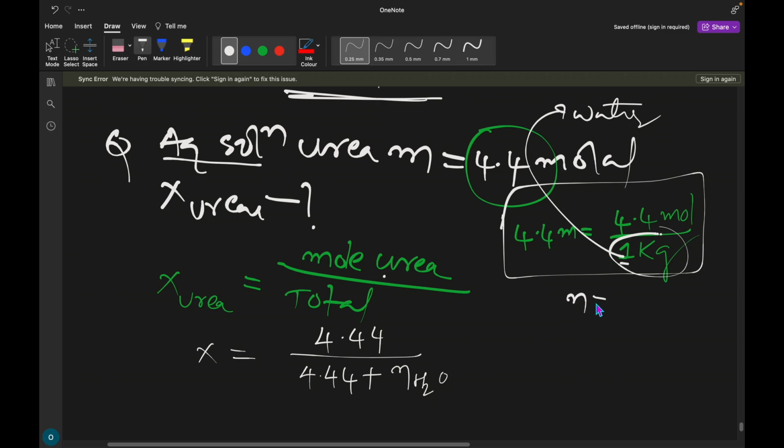So moles of water would be 1000 by 18, which gives you 55.55. So in place of moles of H2O, what can I write? 55.55 can be written. Correct? So this adds to 4.44 over how much does it come to?